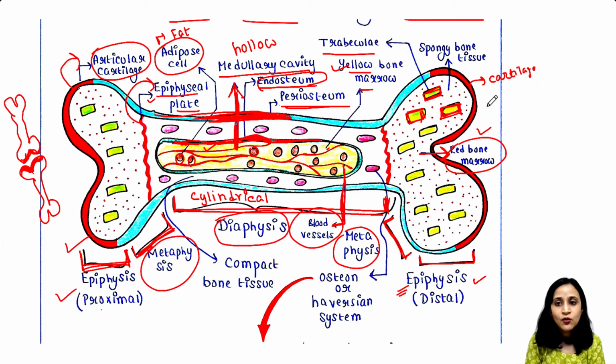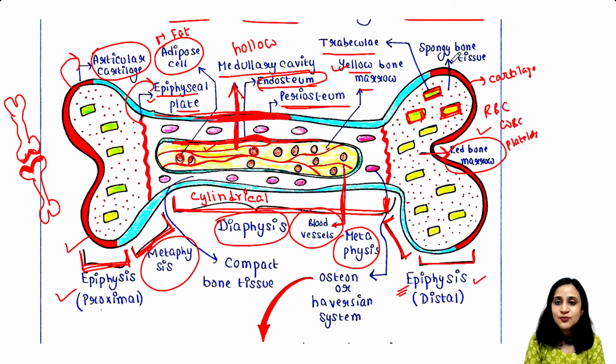And in red bone marrow, they will produce RBC, they can produce WBC, they can produce platelets. These are produced by some stem cells present in red bone marrow via a process that is called hematopoiesis.